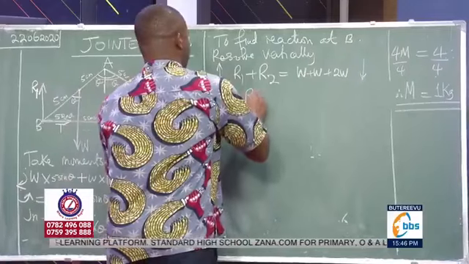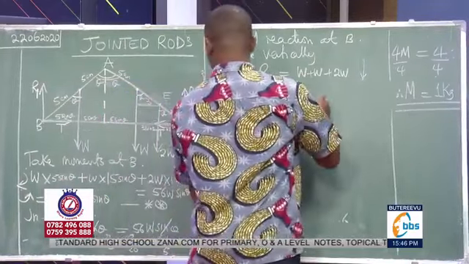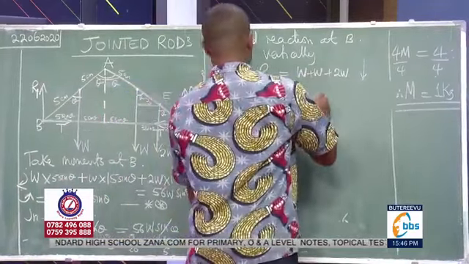So R1 plus R2 will be equal to 4W. And of course, since we know R2, R1 will become 4W minus 14W out of 5.